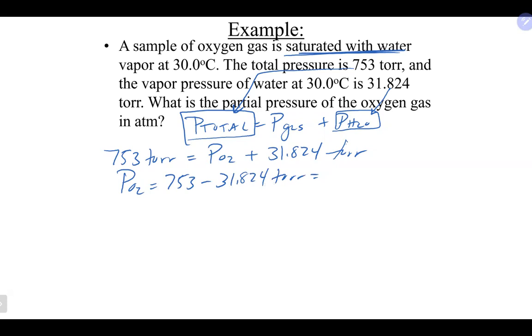And that would get us about 721 torr, which if we wanted to convert to atmospheres, we would divide by 760. And that would give us something like 0.949 atmospheres.